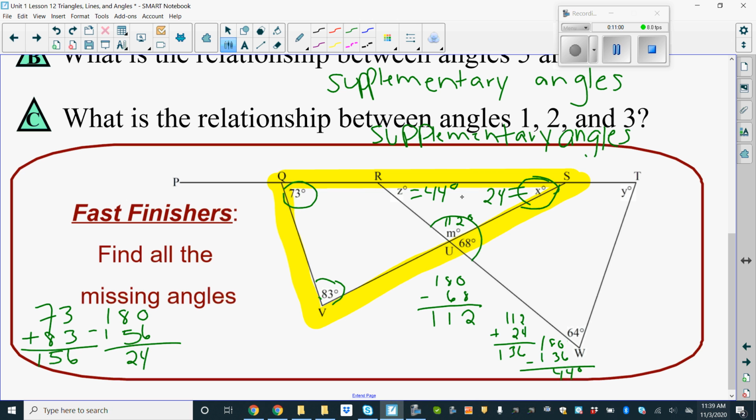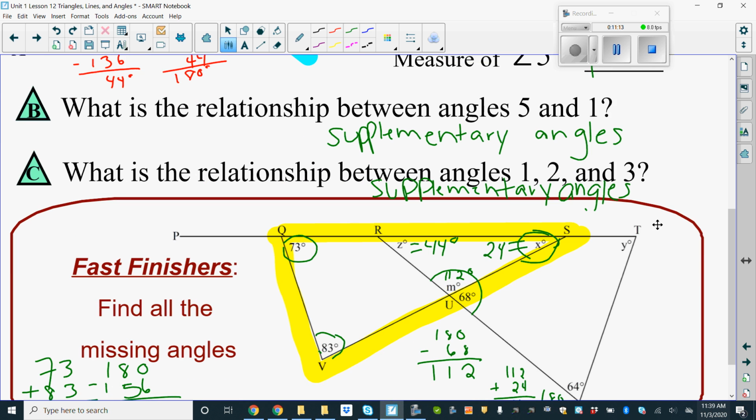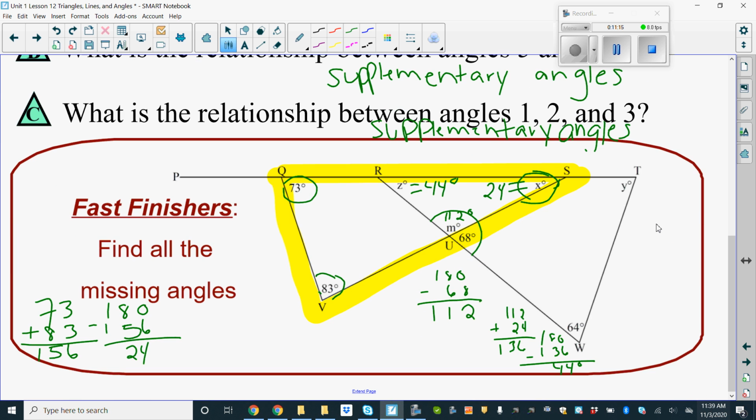Next, and lastly, we can solve for Y, because now we have Z, we have 64. Like always, every time we have a triangle with two angles, you add them up. Add up 44 plus 64, and you get 108.